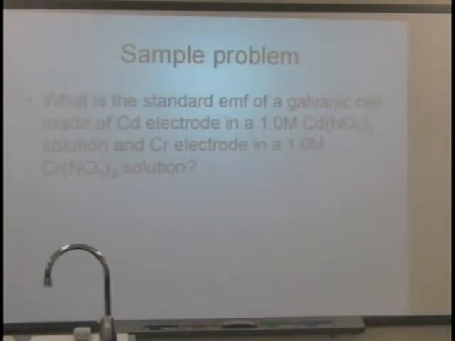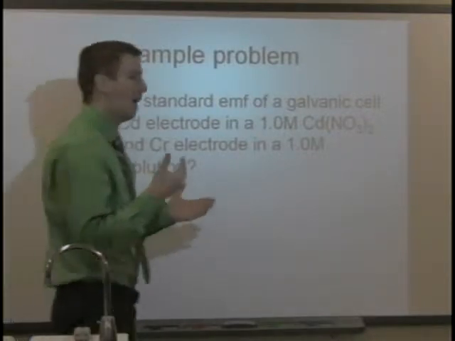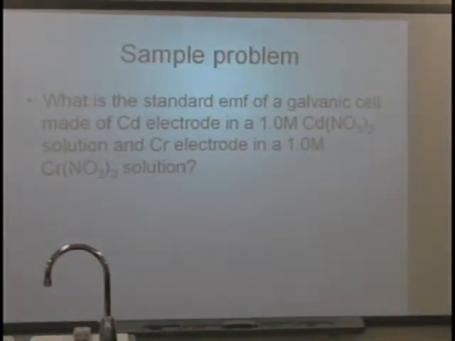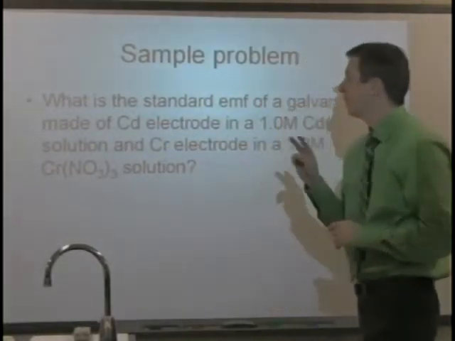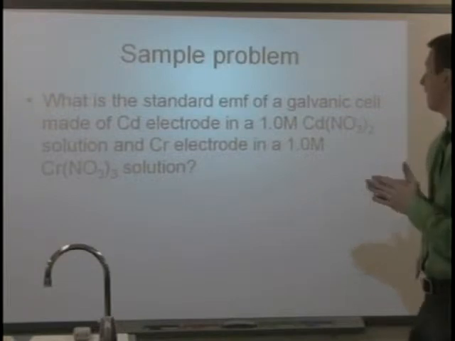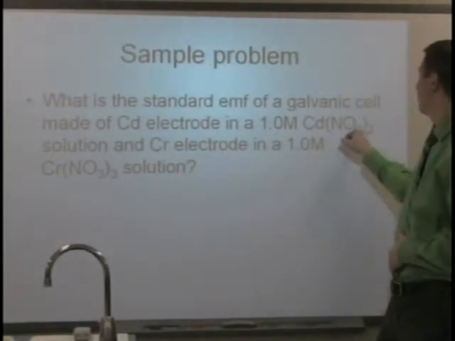It says, what is the standard EMF of a galvanic cell made of cadmium electrode in a cadmium nitrate solution and chromium electrode in a chromium nitrate solution? So what you can do is, I'll go back to the previous slide here. First, identifying cadmium and chromium. Cd and Cr are the two things to keep in mind here. Secondly, the cadmium goes from a 0 and a +2 if it's with the nitrate.